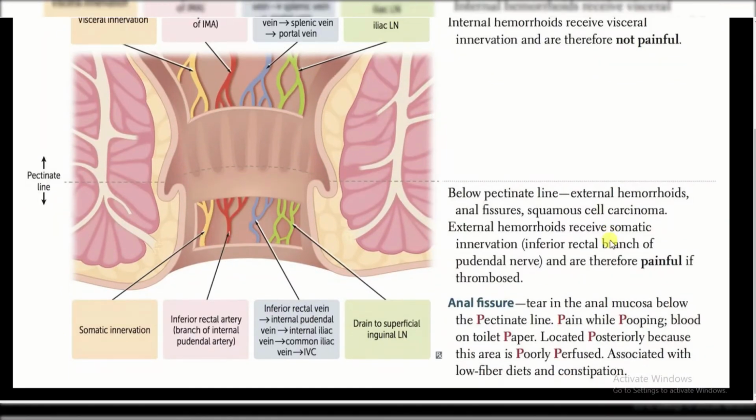The anal fissure is related to the lower part of the pectinate line. Anal fissure is a tear-like appearance of the mucosa, right? This presents with blood in the stool or painful defecation, and it occurs posteriorly where it is poorly perfused. This occurs in patients who have a low fiber diet and constipation.